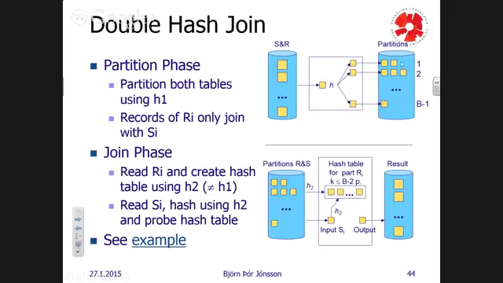And after that, you take each bucket from R, and you take the corresponding bucket from S, and you do the join on those. The reason this works, assuming equijoin, assuming equality, is that whatever goes into this bucket in S is going to go into this bucket in R, because we have equality. And we're applying the hash function on the columns that are in the equality condition.